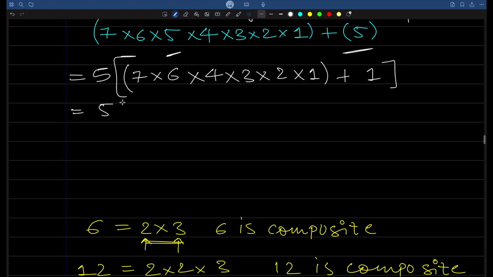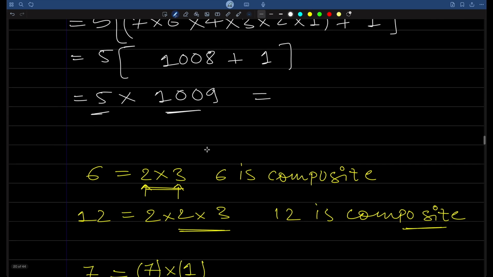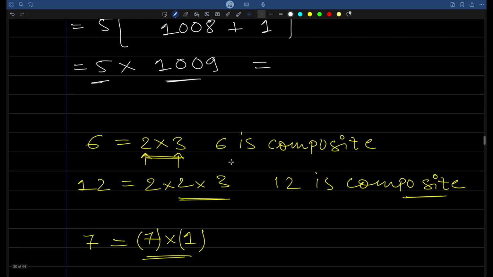That is equal to 5 into (1008 plus 1), that is equal to 5 into 1009, where 5 and 1009 both are prime numbers, but the product of two prime numbers is a composite number.